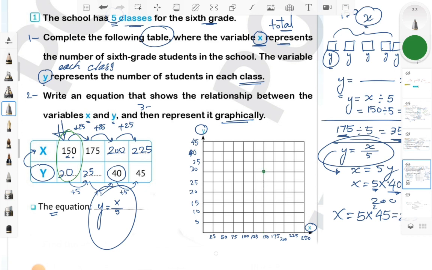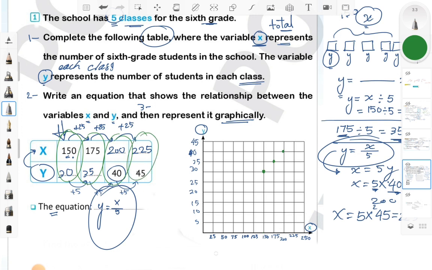Here we have the first point. Next point 175 and 35. We have here 35. Next one 200 with 40 on the y-axis.